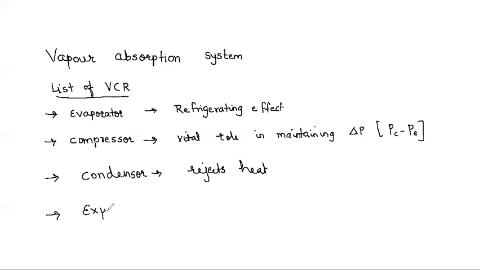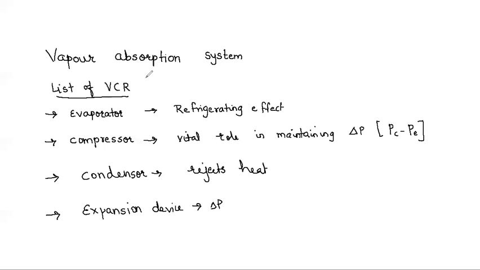It plays the same role as the compressor, maintaining the pressure differential between the condenser pressure and the evaporator pressure, expanding the refrigerant from the condenser pressure to the evaporator pressure. This is the list of components of your conventional vapor compression refrigeration system.